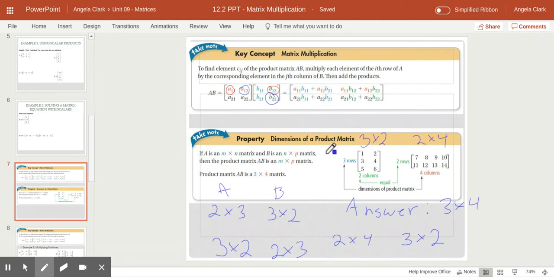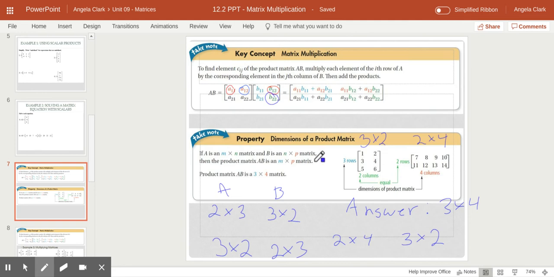But even when I can do both A times B and B times A, most of the time, there are some notable exceptions, but most of the time, A times B is not going to equal B times A. Sometimes I can't even multiply the other direction, and sometimes I can, but it's still not going to be equal.